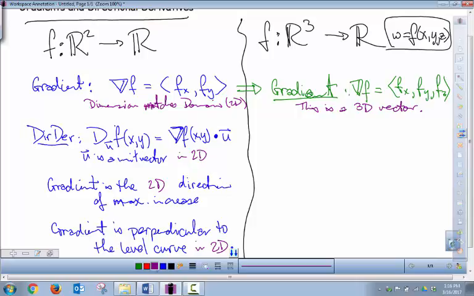So we can also match it up with the directional derivative. We can have a directional derivative for functions with 3 variables.